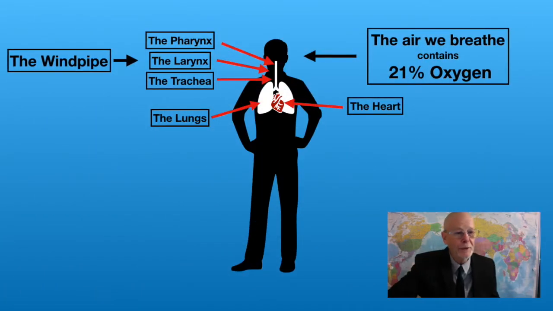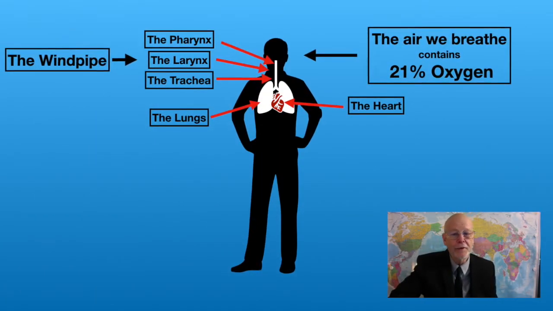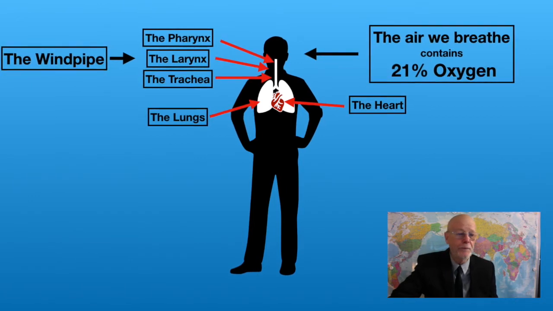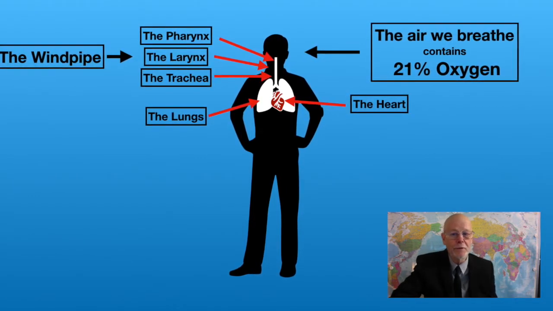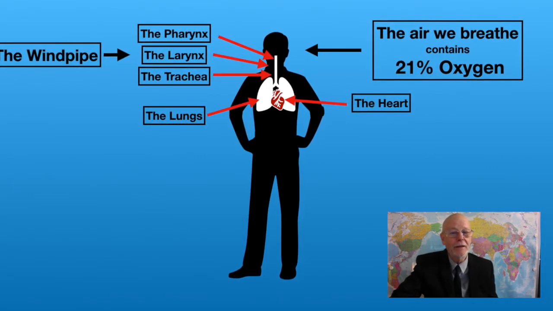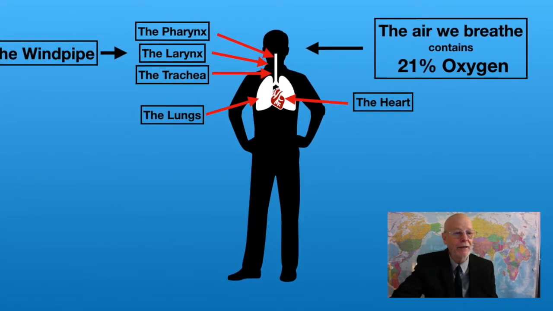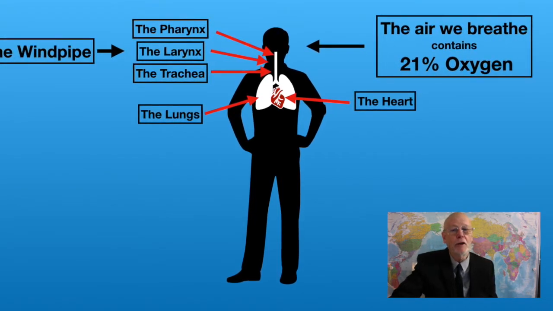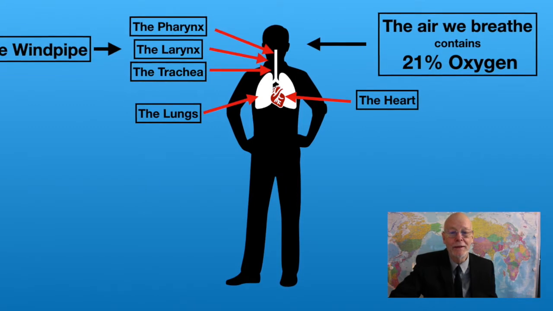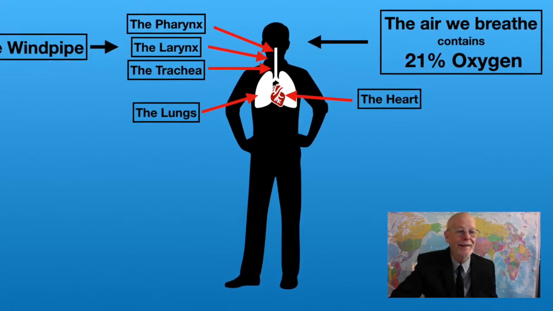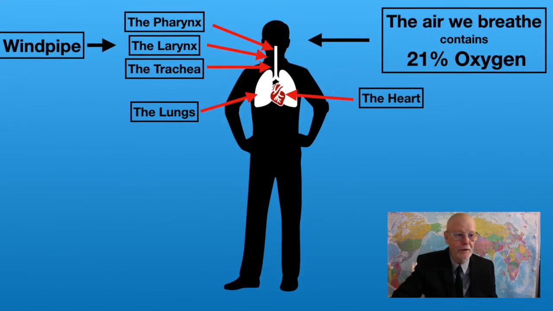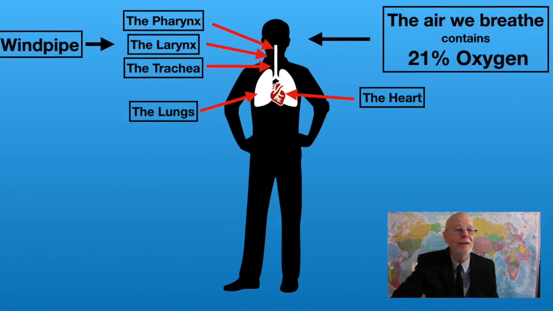When a person breathes in through their mouth and nose, the air goes to a section of the back of their throat called the pharynx, and then it goes down into the larynx, which is just a continuation of that hollow air tube, and it further continues into the trachea, and collectively they're called the windpipe.